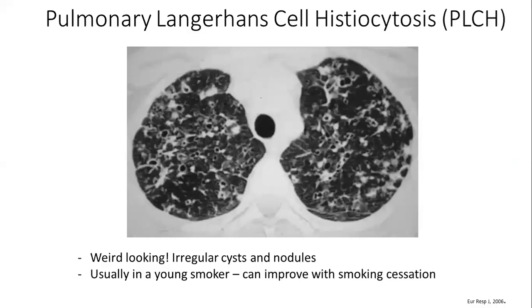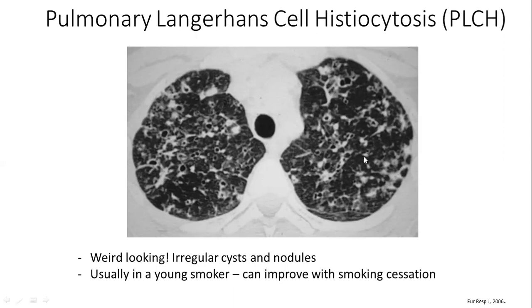Okay, the last two I'm going to touch on real quick, just 2 slides of weird other ILDs that I have seen on mix-up questions. So I'm going to tell you about PLCH, pulmonary Langerhans cell histiocytosis. This is a weird name and it's weird looking.